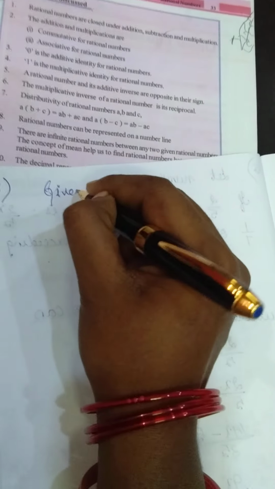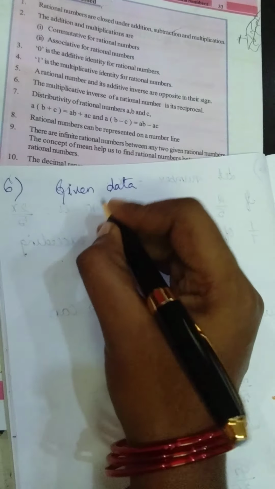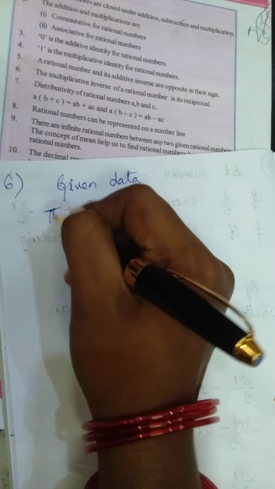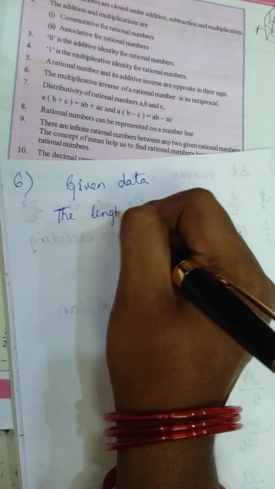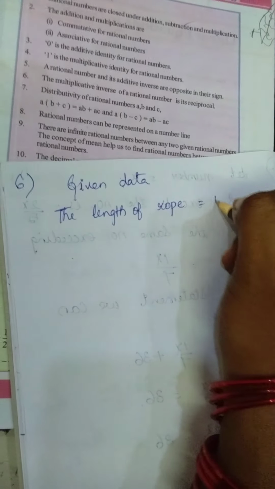See here, first of all, write down the given data. What is the given data? First of all write down the length of rope. The length of rope is equal to 11 meters.